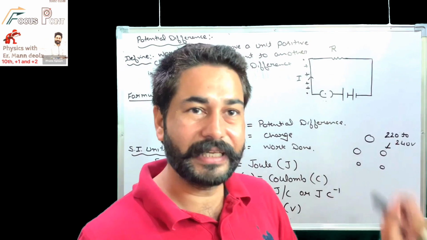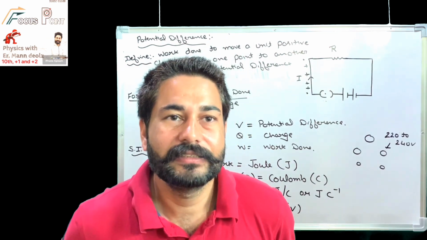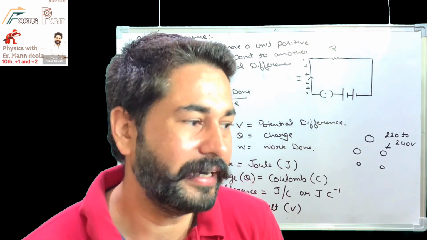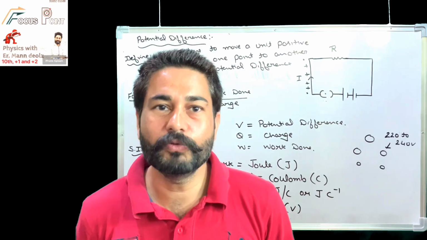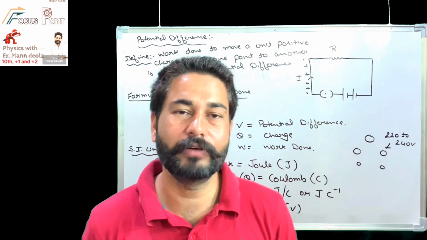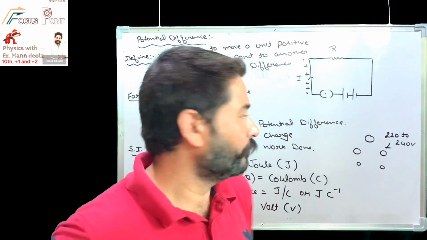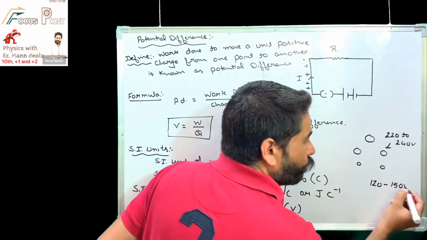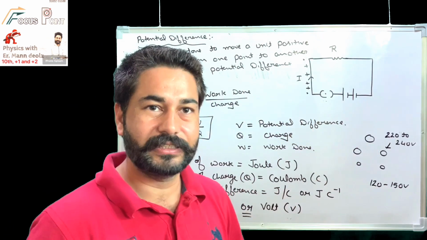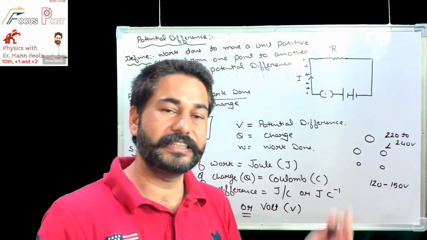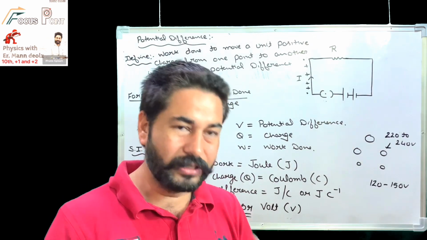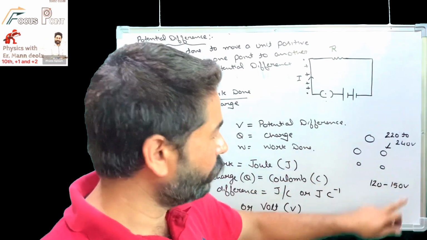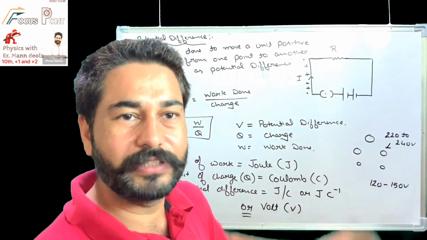Now the same electric potential in a foreign country like Canada or America is near about 120 to 150 volt. There is a great difference in the electric potential given in homes by the government. In India it is of this value, and in a foreign country it is of this value.